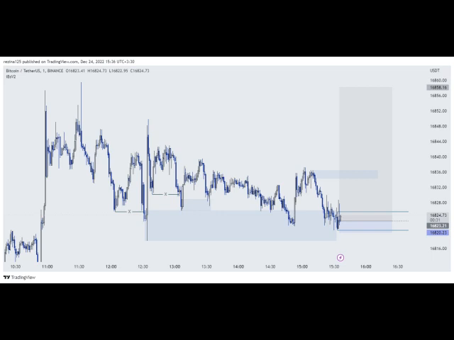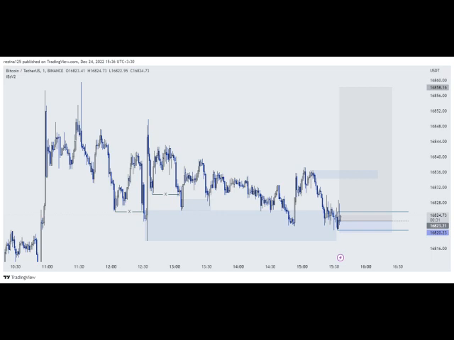So what can be a little bit confusing for people here? We are still contained inside this most significant and recent supply range, right? So even though we have a 4 hour CHoCH, or the M15 BOS that was up here, it doesn't mean straight away that this leg will start the pullback. Even though we have a 4 hour CHoCH, it doesn't mean this 4 hour leg will start a pullback, because we are still contained inside this bearish 4 hour order flow, right?